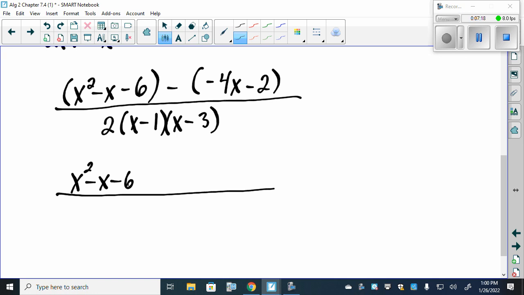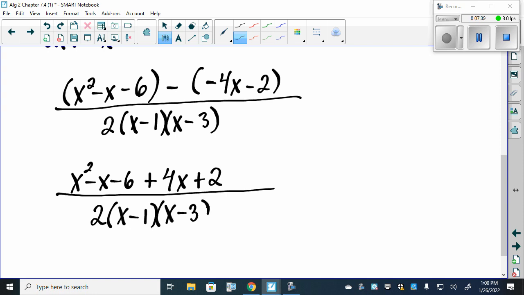So if I subtract the negative 4x, well, that negative and negative would make a 4x. The negative 2, subtracting a negative 2 is going to make it plus 2. And this is going to be over 2 times x minus 1 times x minus 3.